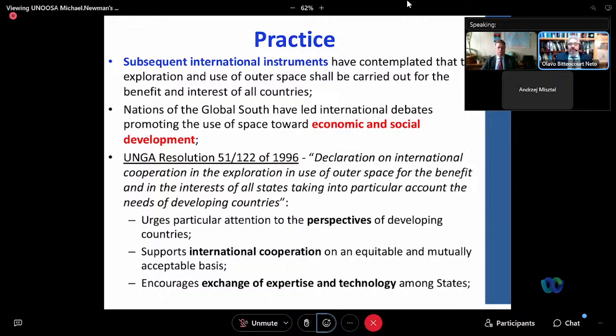And one way or another, even this fantastic event that has been organized by UNOOSA also serves to promote that proposal, specifically as a capacity building mechanism that's beneficial to each and every nation on Earth. But now we're going to dive into the trickier part of this provision, and it involves interpretation. Next slide, please, Michael.